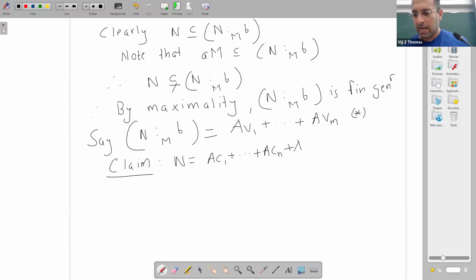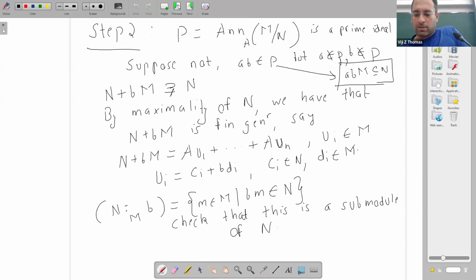So A B V1 plus dot dot dot A B Vm. Okay, this is what I want to claim. Now let's see. This direction yesterday was also very trivial. Let's see why it is trivial. Where do the Ci belong?